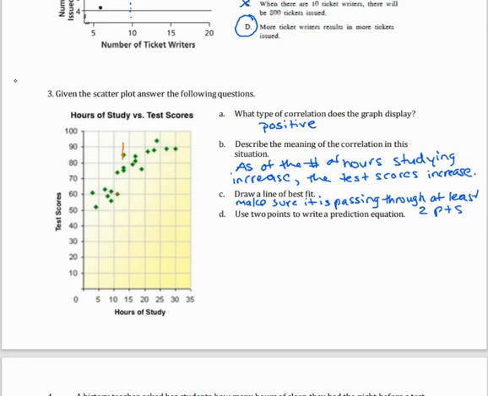I'm going to draw a line through those. Would that line represent my data well? No, it would not. So let's get rid of that. That would not represent my data well. What about if I had this point, and this point?